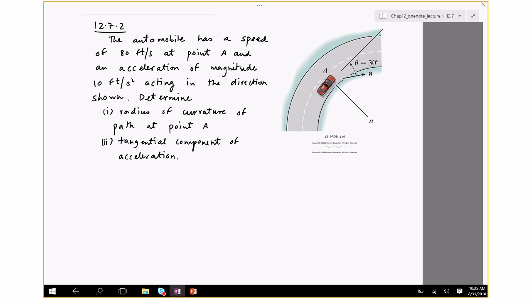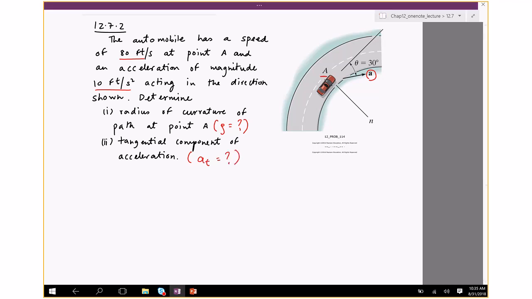Okay, so the automobile has a speed of 80 feet per second at point A, so this is point A, and an acceleration of magnitude 10 feet per second square, acting in the direction shown. So you're shown the direction of acceleration. Determine the radius of curvature of the path at point A. So rho is the first unknown, and the tangential component of the acceleration, so at is unknown.